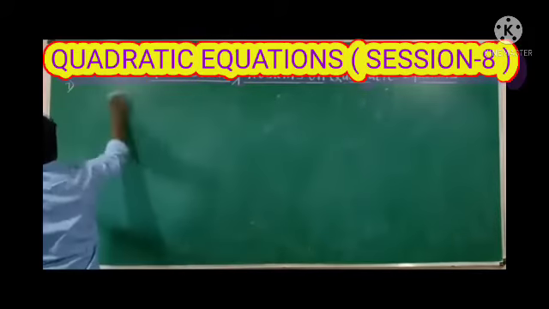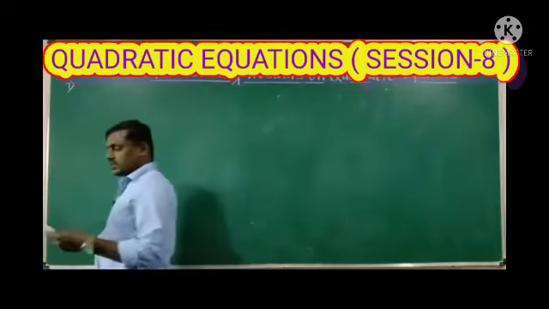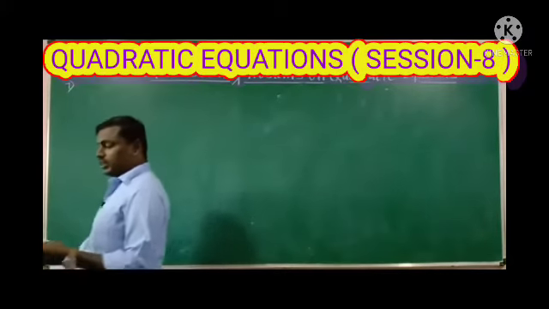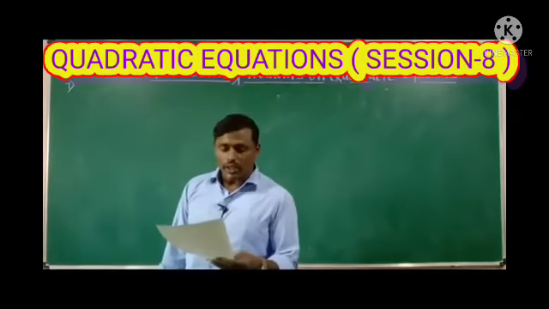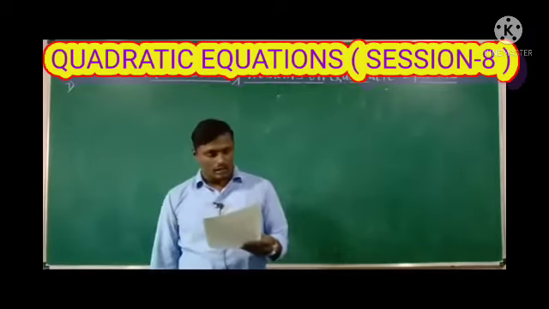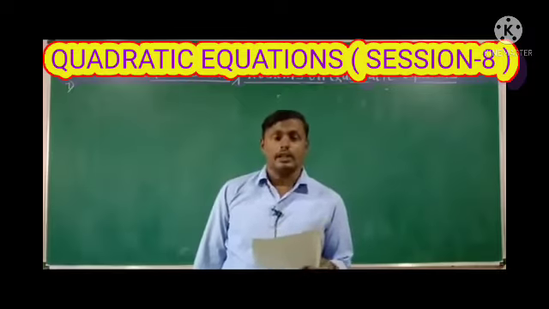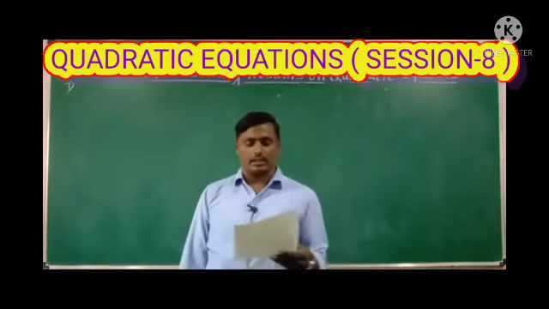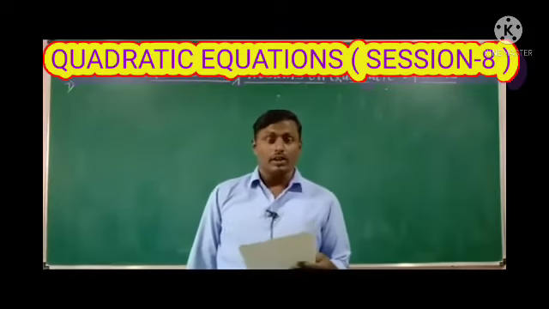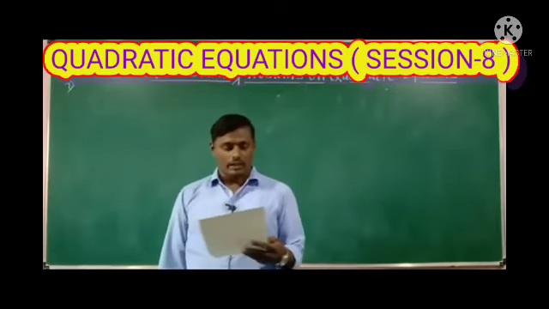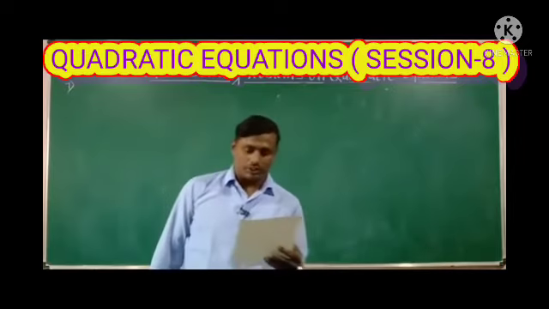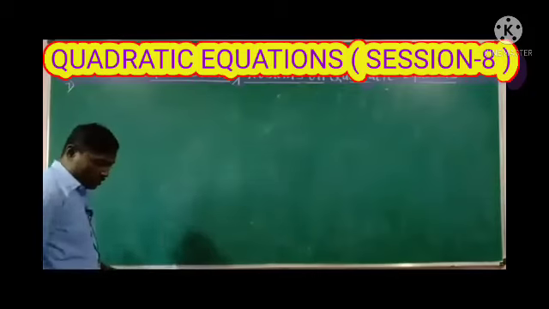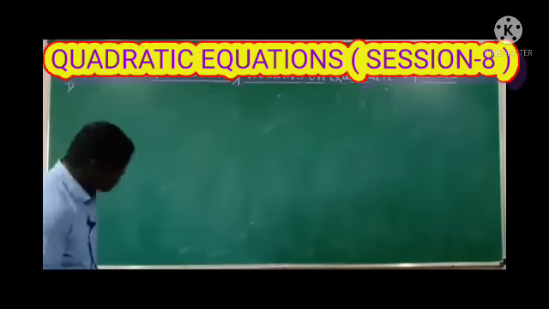The sum of their areas is 656 centimeter square. Express this as an algebraic equation in x and also find the equation to find the sides of the squares.